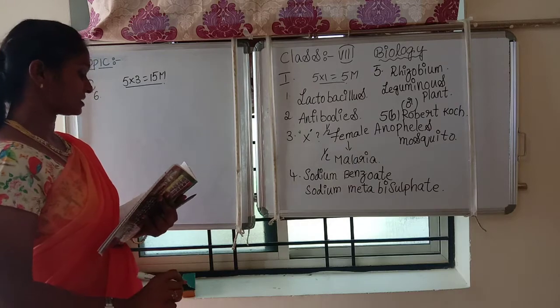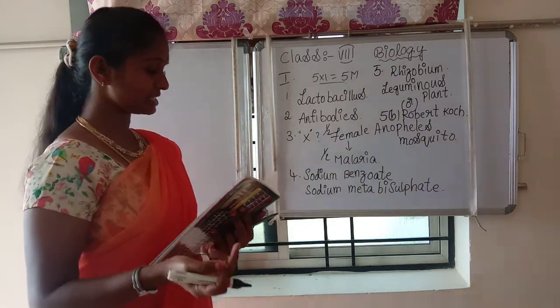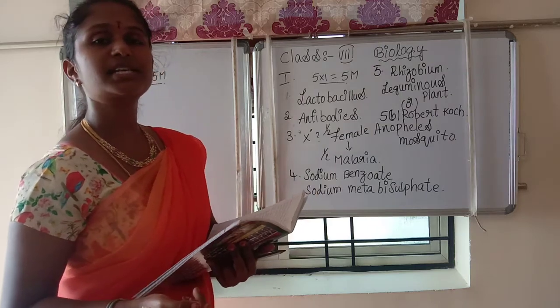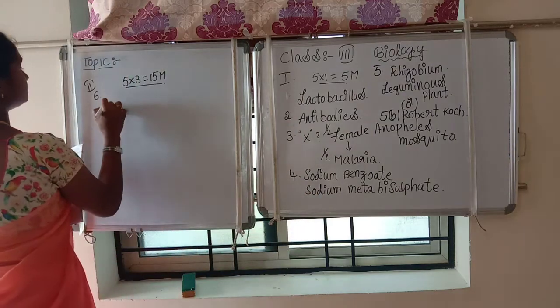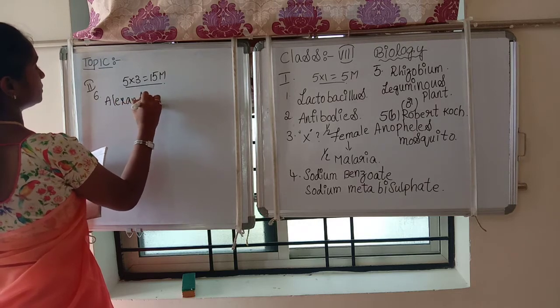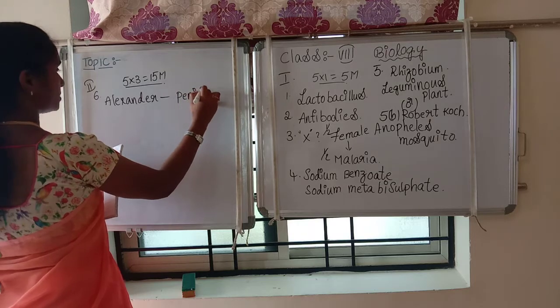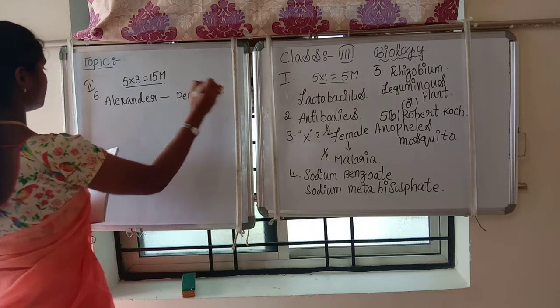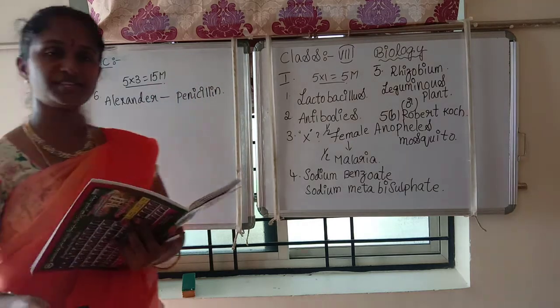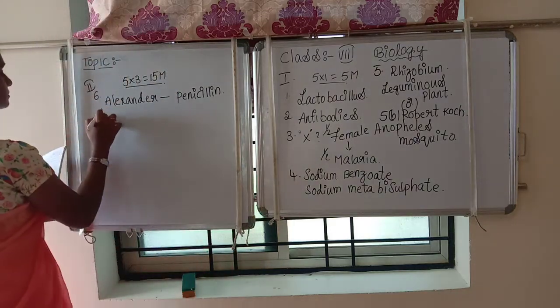The scientist Alexander Fleming, what did he discover? Alexander Fleming discovered penicillin. And next, Louis Pasteur discovered what? Louis Pasteur discovered fermentation.